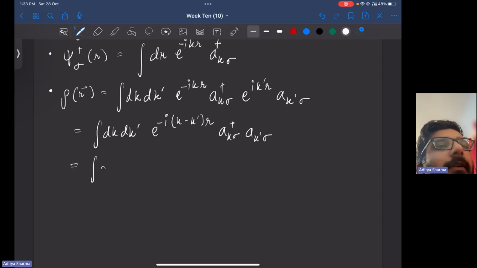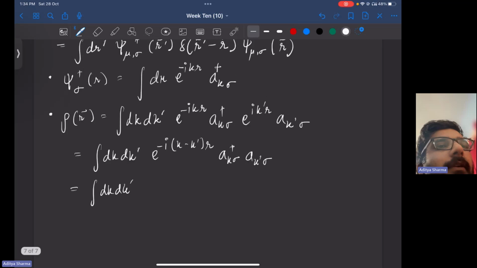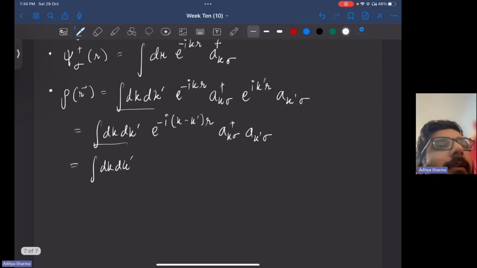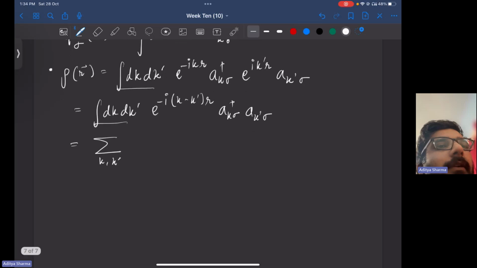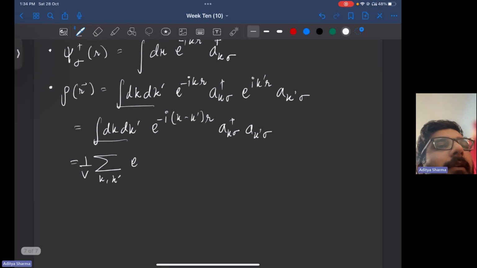So this can be written as dk prime. Now remember that if our momentum values are discrete, this is going to be a summation. In condensed matter, mostly people are going to write it as a summation. So to follow that convention, and also this is what I used last time, I'm going to write it like this, and there's some volume factor which comes in, so 1 by V for that. So e to the power minus i q dot r, some vector q.